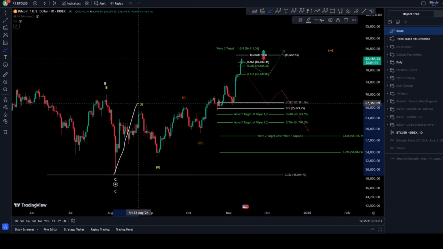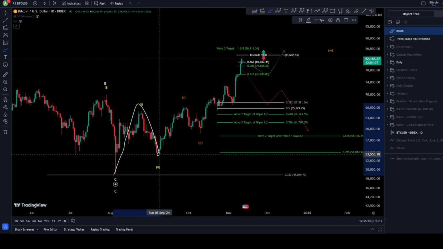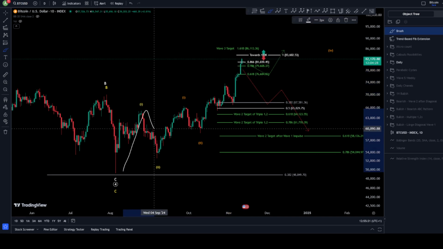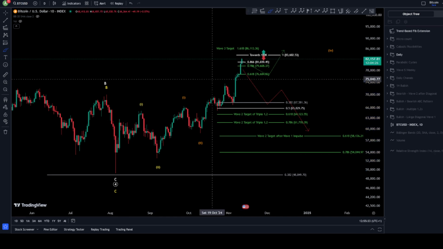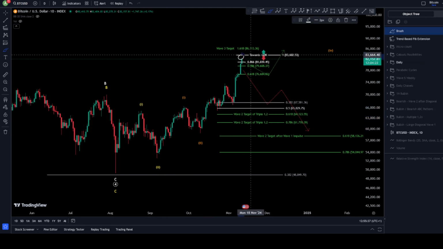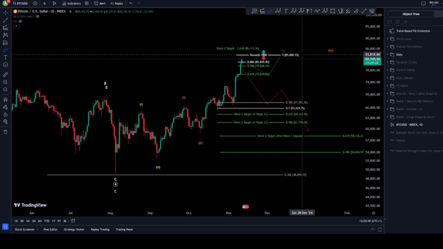Your bearish scenario is an A and B, and you are looking at a contracting, ending diagonal for a wave C, so A, B, C. The invalidation of this scenario is very close, at 83,600.